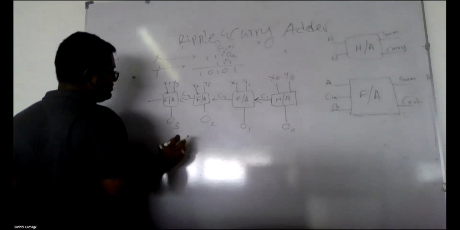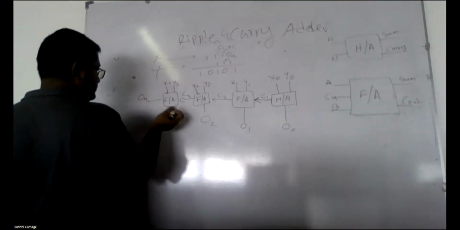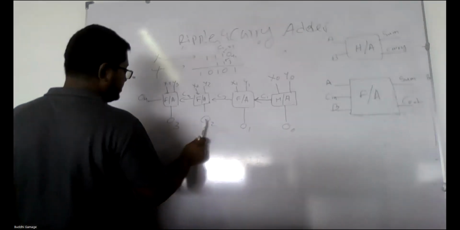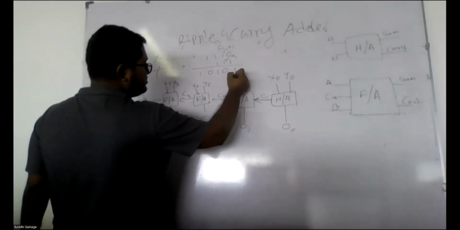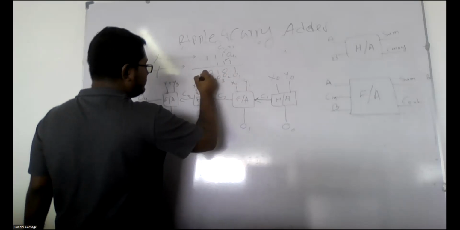Full adder. And since there are only 4 bits, 1, 2, 3, 4, this is the final output, 4, 5. So this is O1, O2, O3, O4, O5.